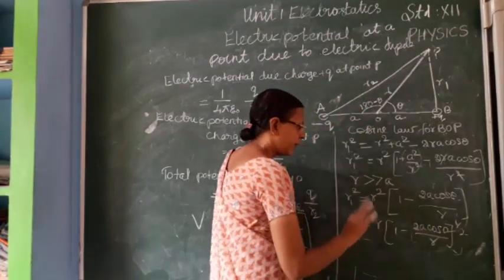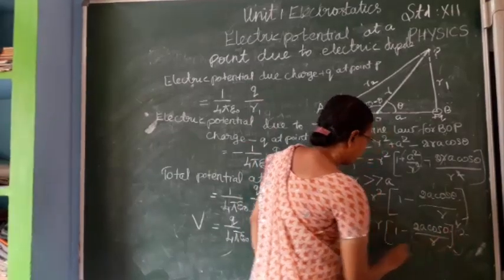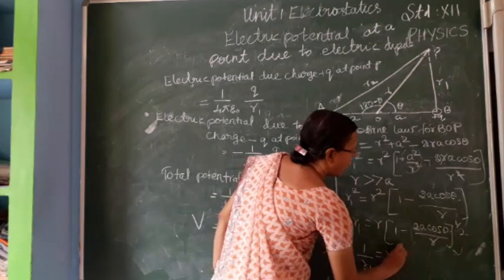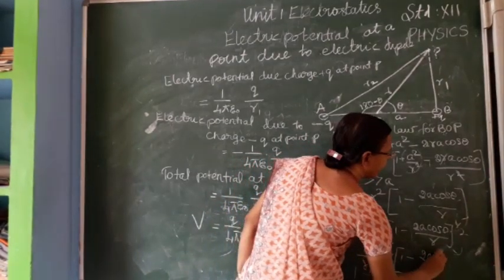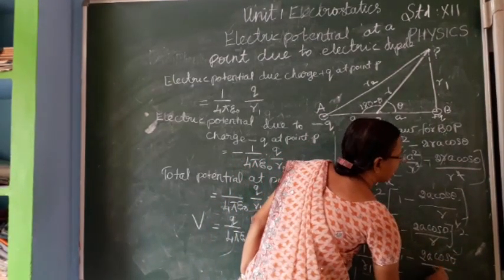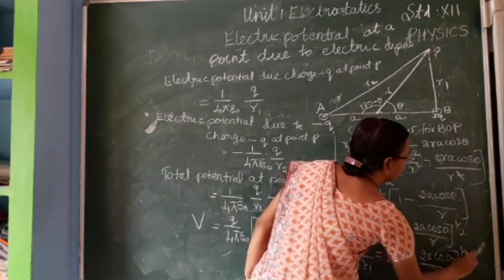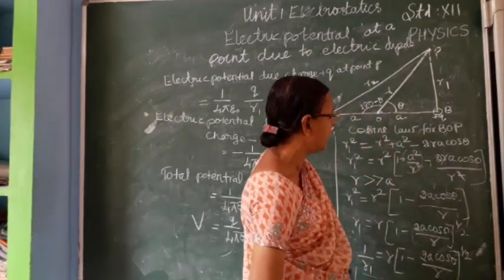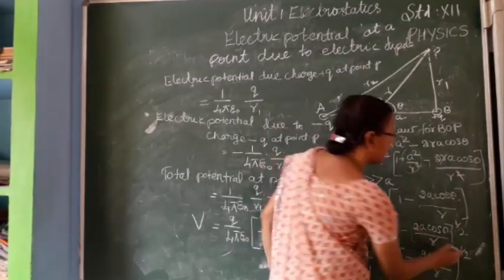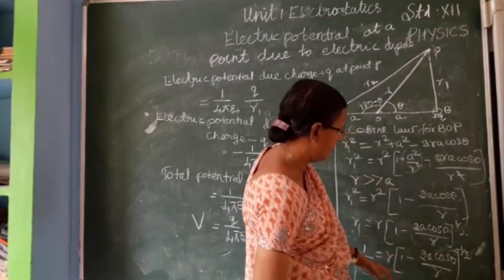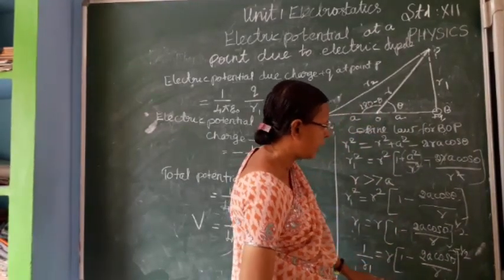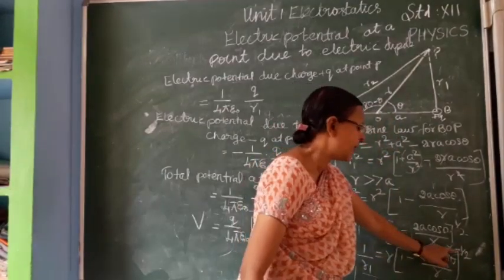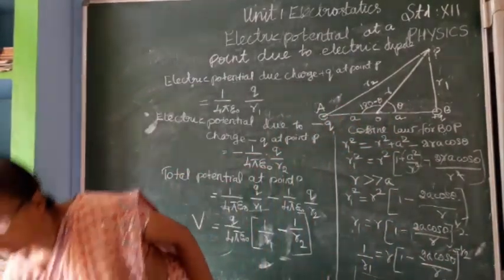Now we can write this in reciprocal: 1 by R1 equals 1 by R into 1 minus 2A cos theta divided by R, the whole power minus 1 by 2. Because when this whole term goes to the denominator, the power becomes minus 1 by 2.